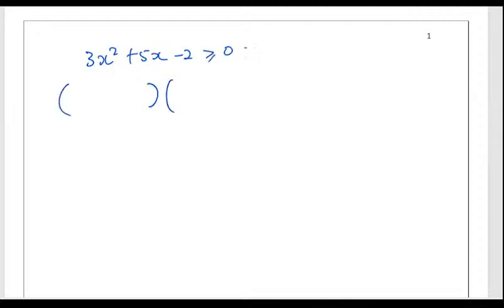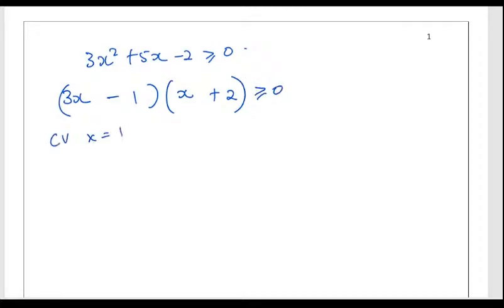Let's factor this out. That's going to be 3x, and x. Let me have a 1 there, and let me have a 2 here, so that I have a positive 6 and a negative. It's greater or equal to 0. So my critical values, x will be 1 over 3, or x is going to be negative 2.